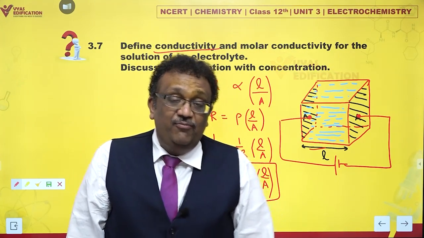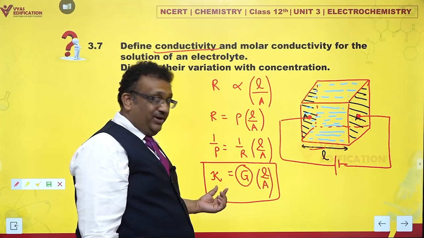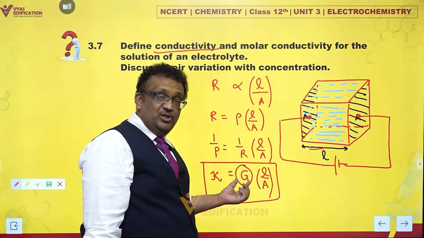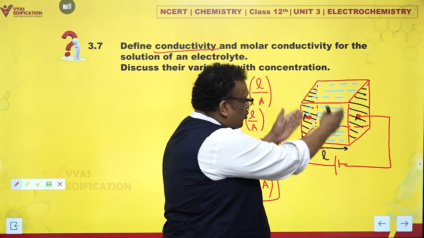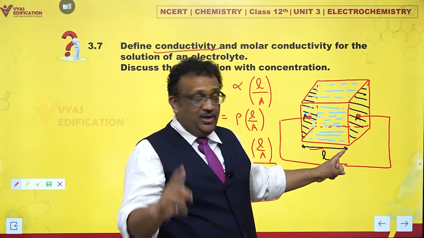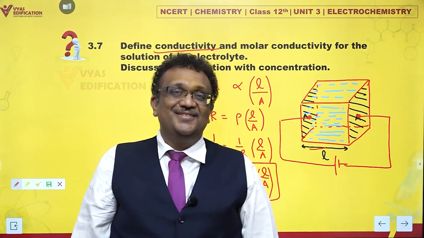So let me repeat, what is conductivity kappa? Conductivity is defined as the conductance, G, of a solution which is placed between two parallel plates having area of cross section unity separated by unit distance.